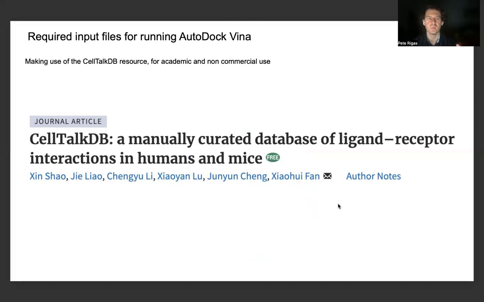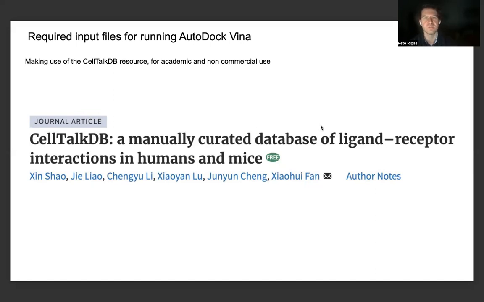Along these lines, as we've been alluding to, we want to think about the required input files that we would need for running AutoDock Vina, the molecular docking software that we've been describing. We can make use of the CellTalkDB resource, which is available for academic and non-commercial use from authors at the Chinese Academy of Sciences. In this journal article, they describe CellTalkDB, a manually curated database of ligand-receptor interactions in humans and mice.